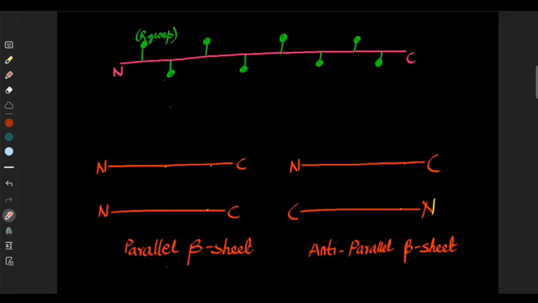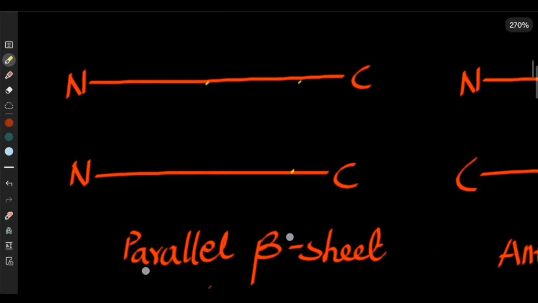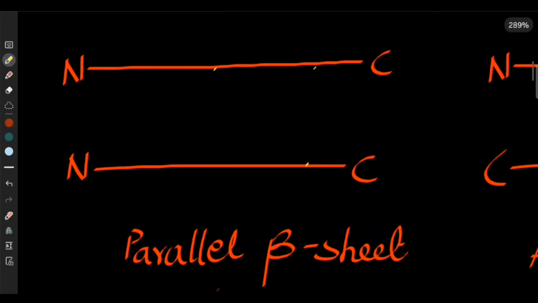Okay, so now let us see how these two beta strands are interconnected with one another. Let us take the parallel beta sheet. They are interconnected with one another by hydrogen bonds.